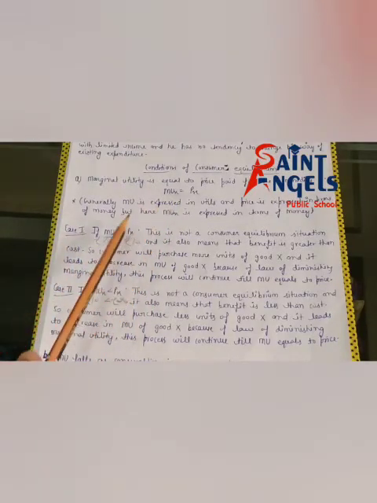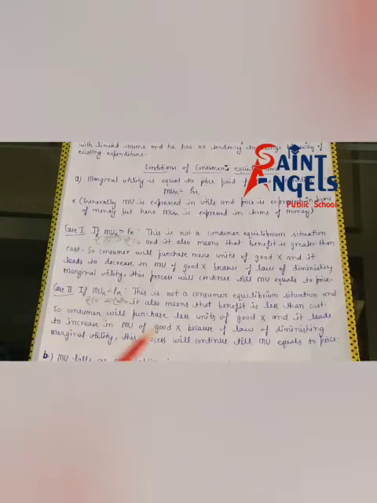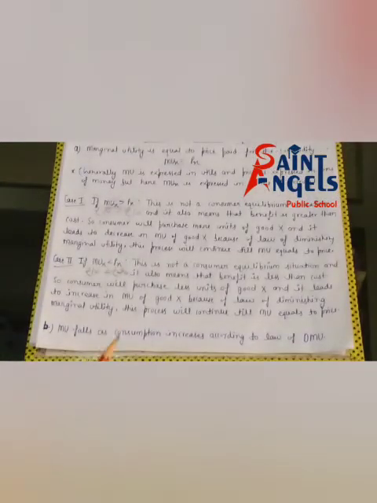See, the first condition is clear: marginal utility is equal to price paid for commodity X. But what is the second condition? MU falls as consumption increases according to the law of DMU. DMU means diminishing marginal utility.